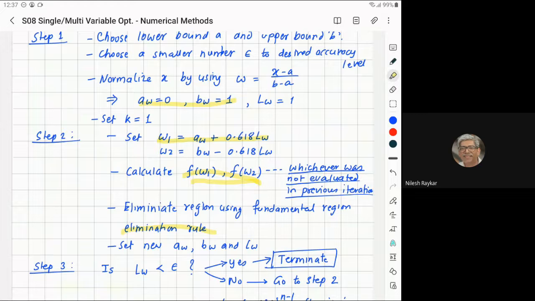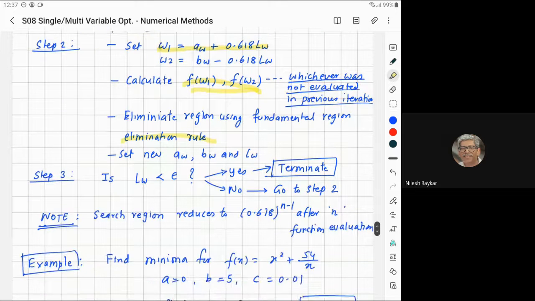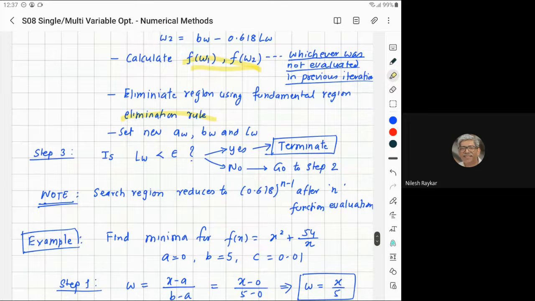Out of the 2 function values, whichever is the taller value, the outside section corresponding to that, you can chop off. If you continue doing this, the convergence limit is in terms of some parameter epsilon that you have to decide for the required precision. As soon as your bracket size LW becomes less than epsilon, you can stop.